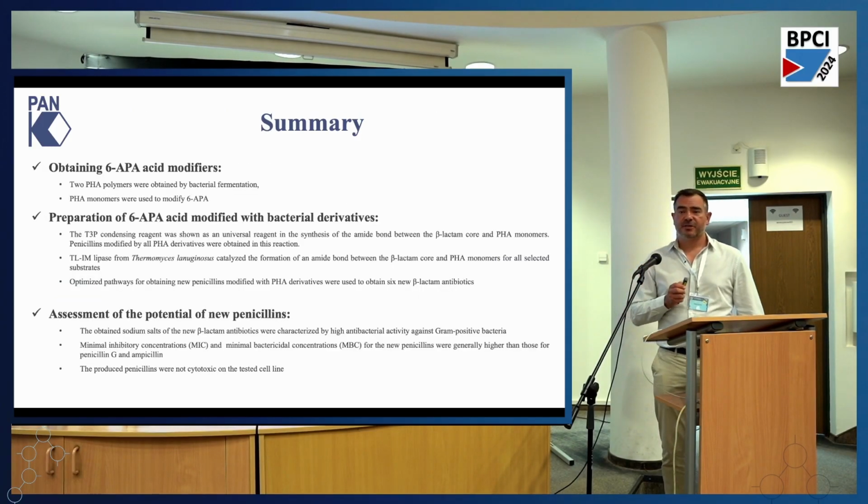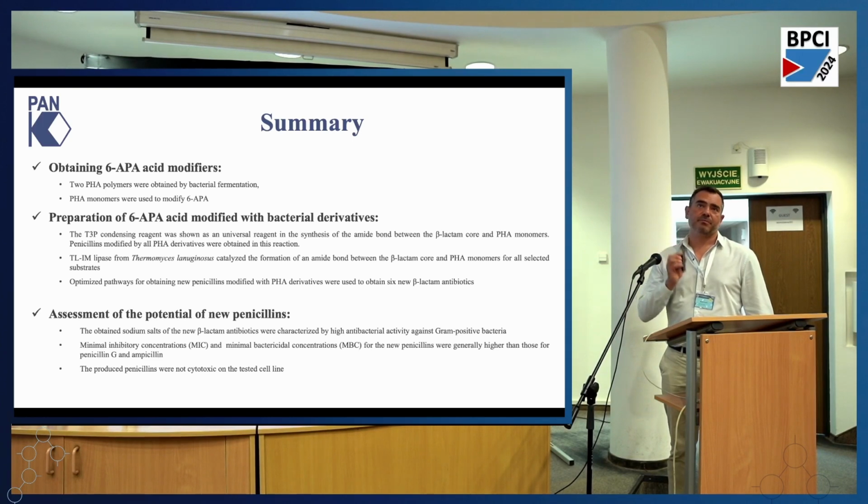So in the end of the story, I would like to tell you that it is possible to use PHA monomers in order to create new molecules, especially antibiotics in this example. Those are very interesting molecules because bacteria can produce over 150 different monomers.